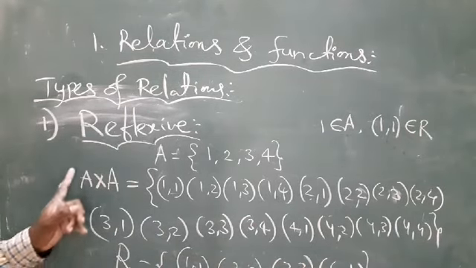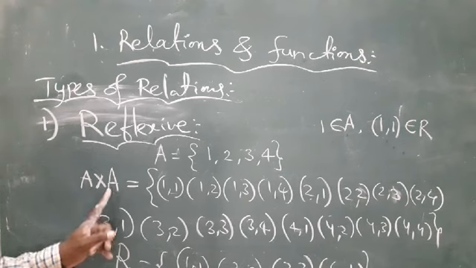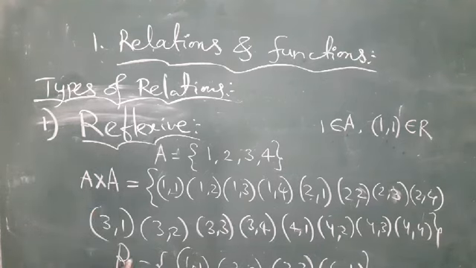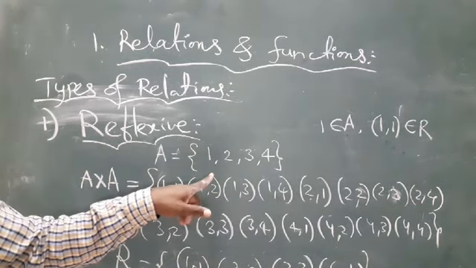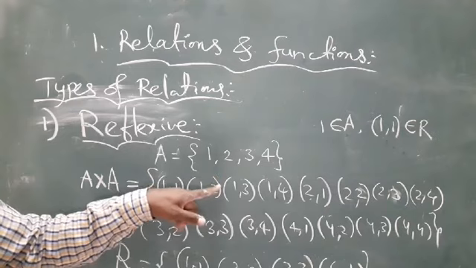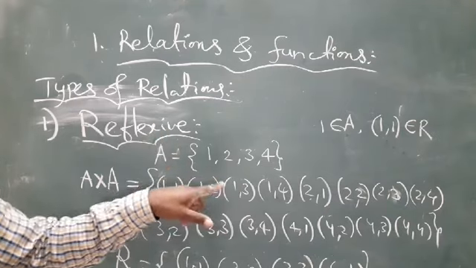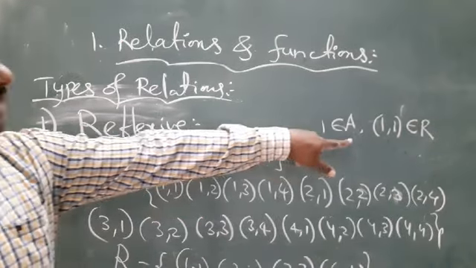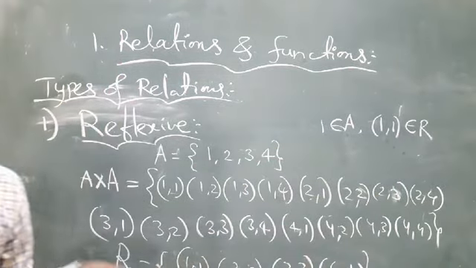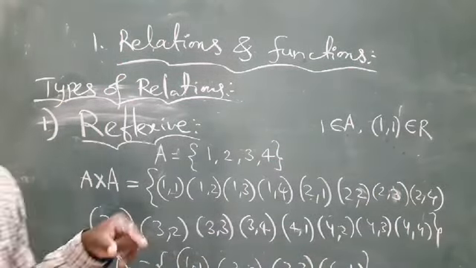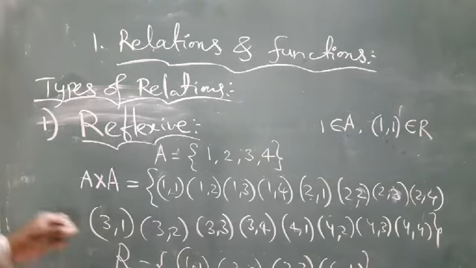Here R is a subset of A cross A. You can take every element from A, and its ordered pair (1,1), (2,2), (3,3), (4,4) belongs to R. That is called a reflexive relation.